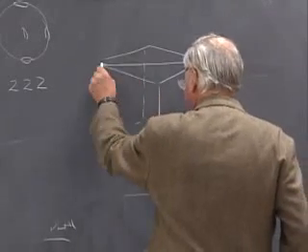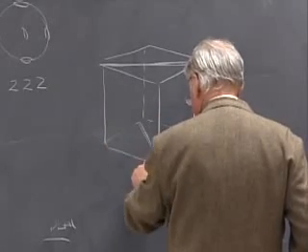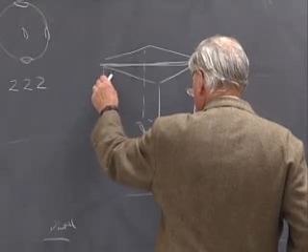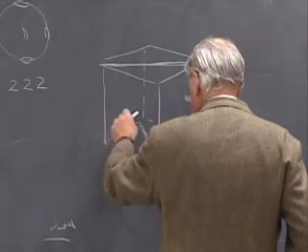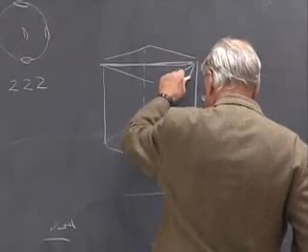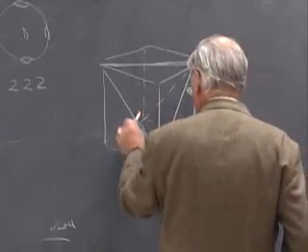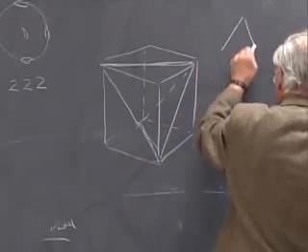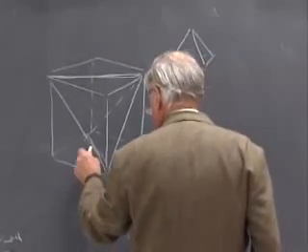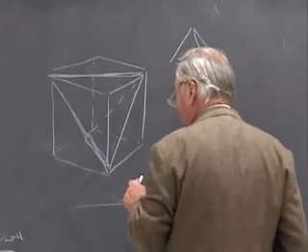So if I connect these two faces together and these two faces together, that will define for me a solid that has four triangular faces. Easier to recognize it when we put it up on one face. So this is a tetrahedron.